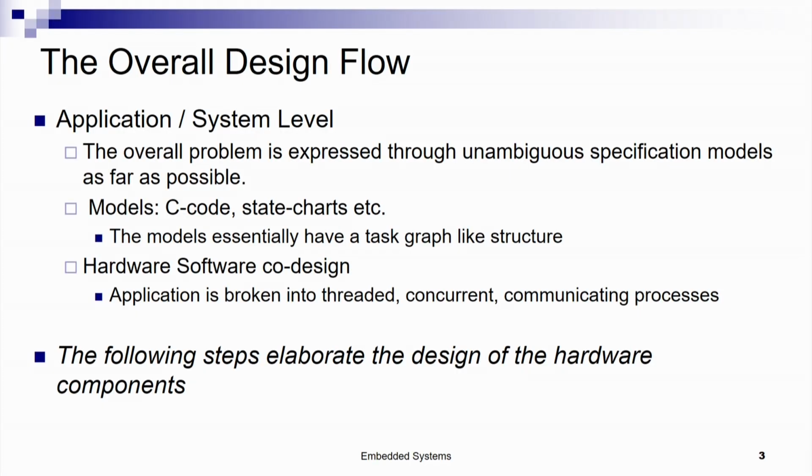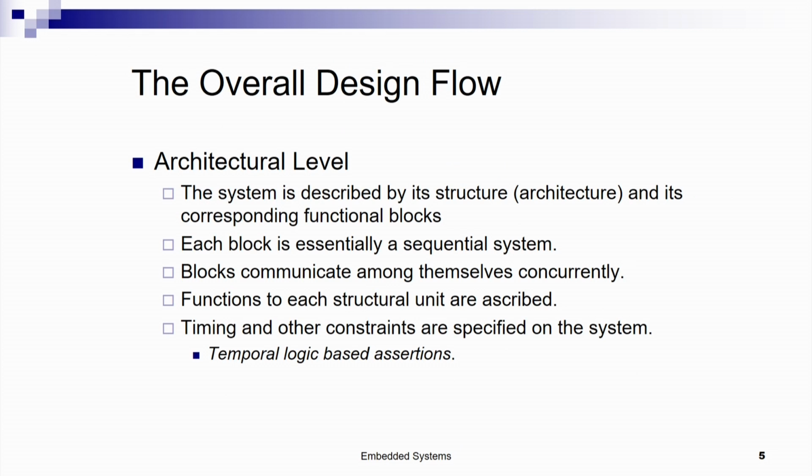The models essentially have a task graph like structure with concurrent communicating processes within them. After that we do hardware software co-design, and the application is broken into threaded concurrent communicating processes, for each of the task nodes that we want to build as hardware. Then the following steps elaborate the design of the hardware components.